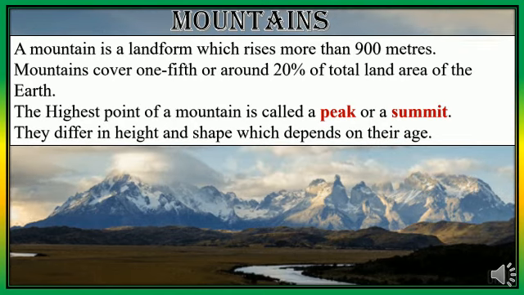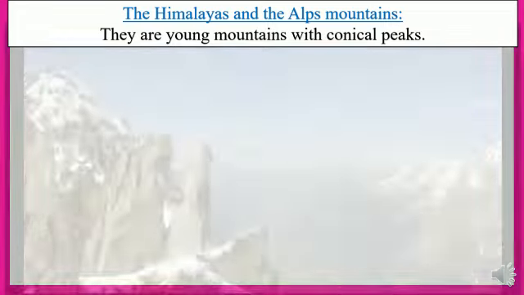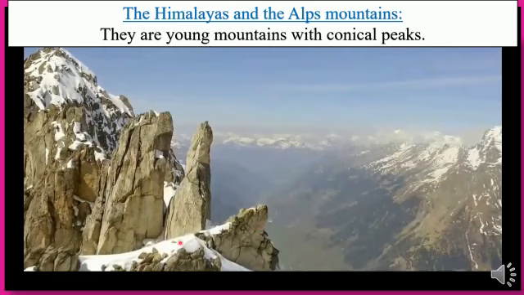Now we'll see some more examples. For example, the Himalayas and the Alps mountains are young mountains and they have conical shapes. Look at this conical shape, particularly the peak point. The highest point of the mountain is conical in shape.